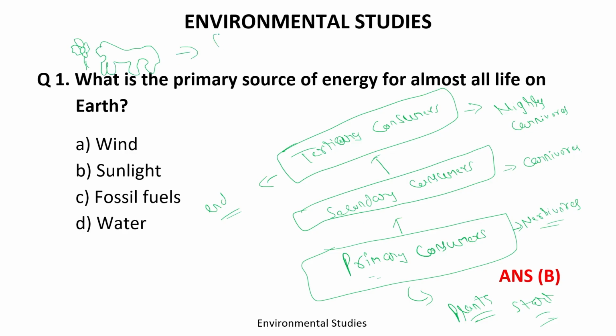This was consumed by this animal, and this animal was consumed by this animal. So this is the flow chart: this is the tertiary, this is the secondary, and this is the primary. But all of them are consuming the source from the plant.